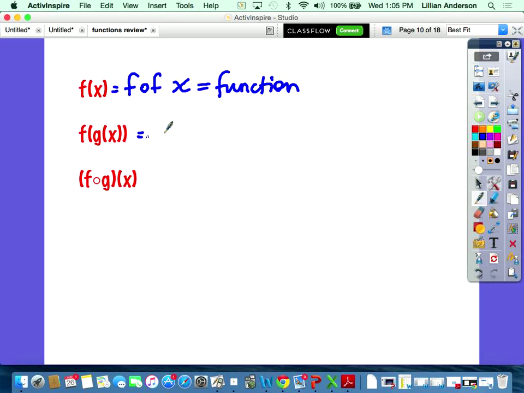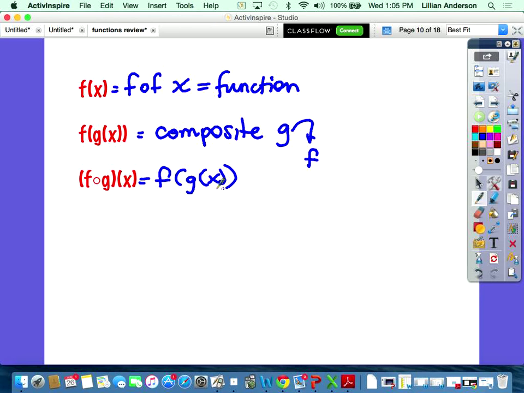Yep, this is a composite function where g goes into f, same thing as the notation above it. This is just another way to represent f of g of x, and you go in that order, okay? So g is the inside function that goes in to f.